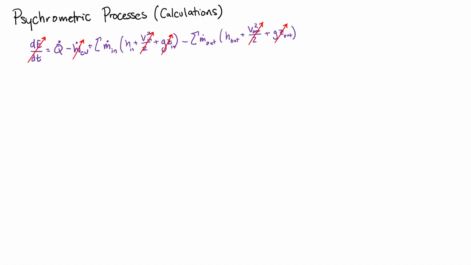Now, the difference here is that when we talk about our sum of our m dots, I need to keep track of different m dots. I've got different mass flow rates, so I'm going to have to break out my mass flow rate of my air. I'm going to assume that I have one pipe going through.